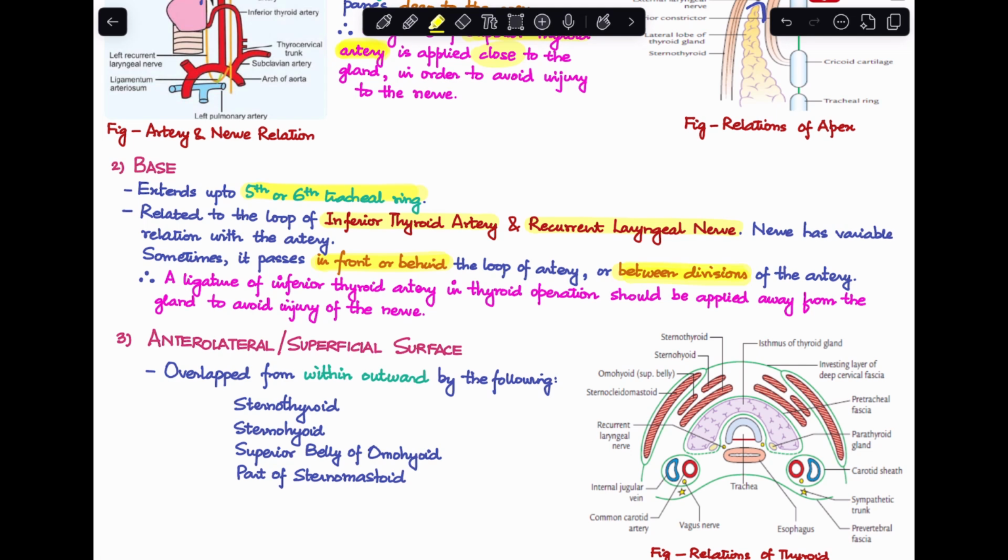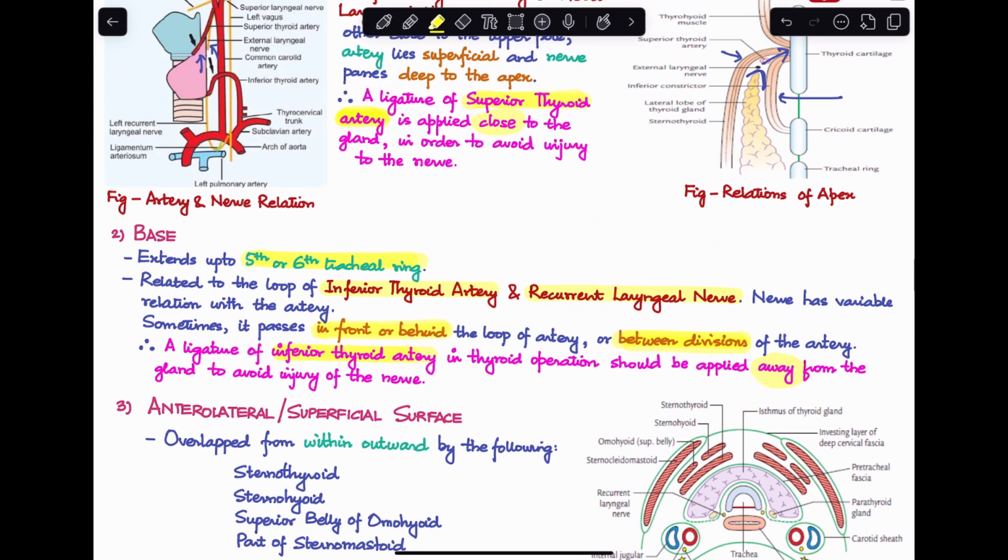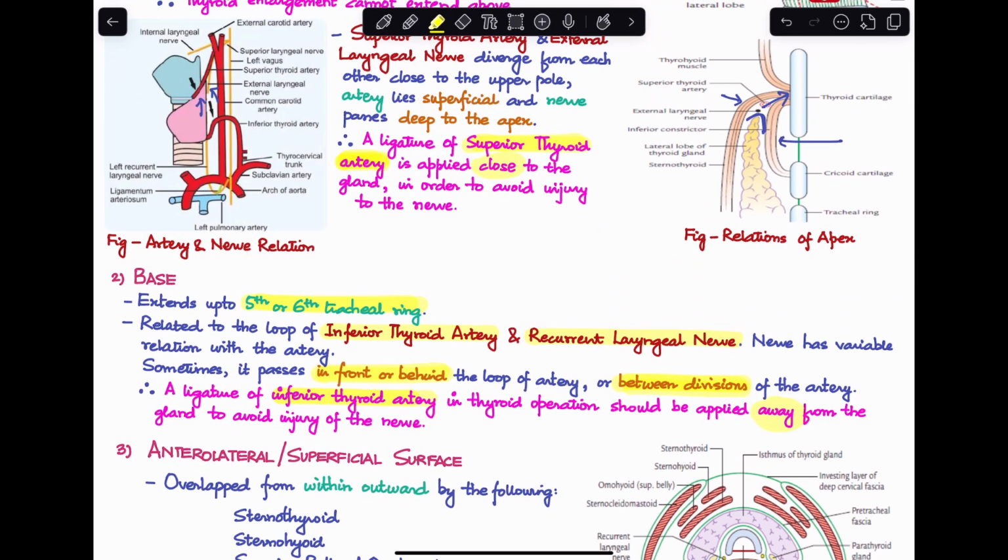Now, the importance of knowing this relation is again in thyroidectomy, you have to ligate the inferior thyroid artery. So, where will you ligate the inferior thyroid artery? Now, in this case, the ligature should be given away from the gland so as to avoid injury to the nerve. So, the apex is related to the superior thyroid artery and external laryngeal nerve, and the base is related to the inferior thyroid artery and recurrent laryngeal nerve.